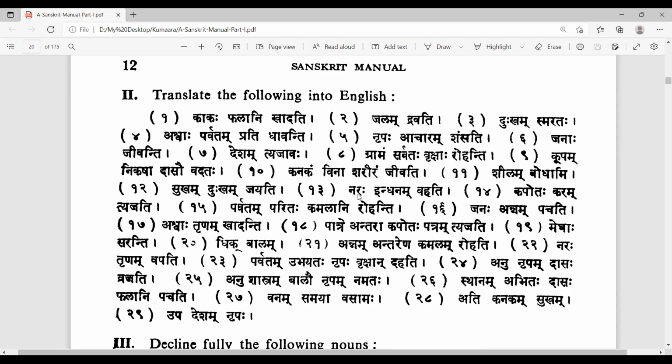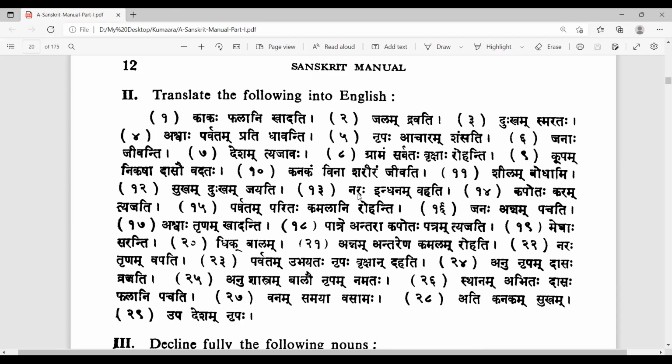Okay. Annam antarena kamalam rohati. Kim rohati? Kamalam rohati. Annam antarena. Without food. Right?